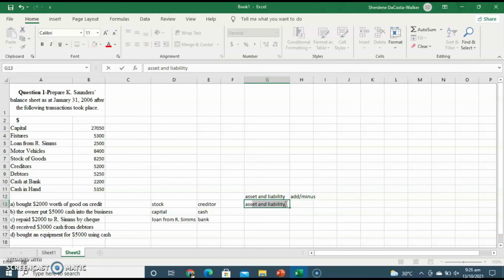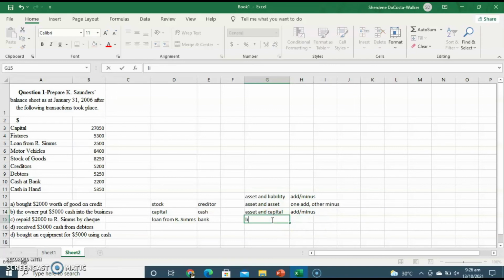So when it's an asset and an asset, then one will require adding and the other will require minus. So you add to one and minus from the other. The same thing with asset and capital: you either add both or minus from both.